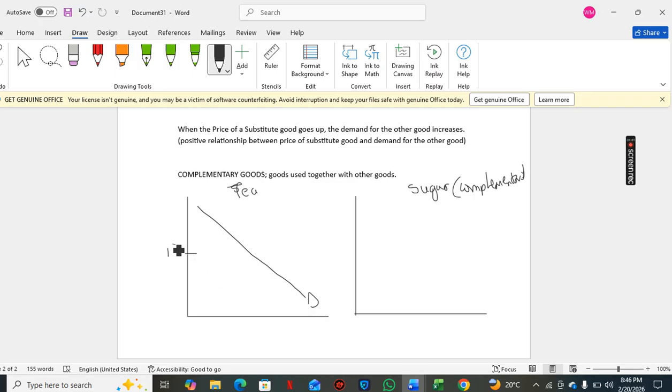So the price of tea is 10 kwacha per tea bag. Sugar, let's say its price is 20 kwacha.